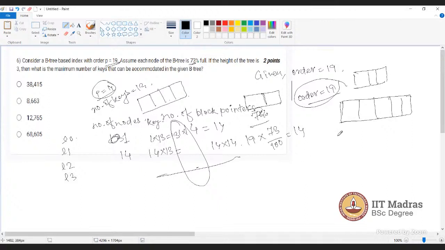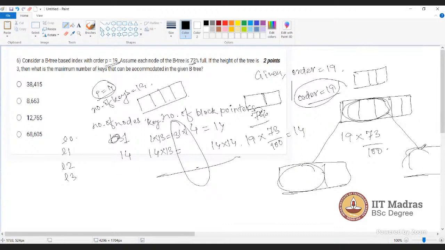So suppose each node is filled to this number of key values. Yes, each node is 73% full, node 1 is 73%, node 2 is 73%. So we can assume that this is the original order.